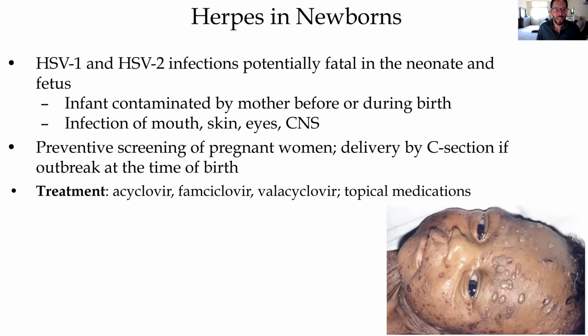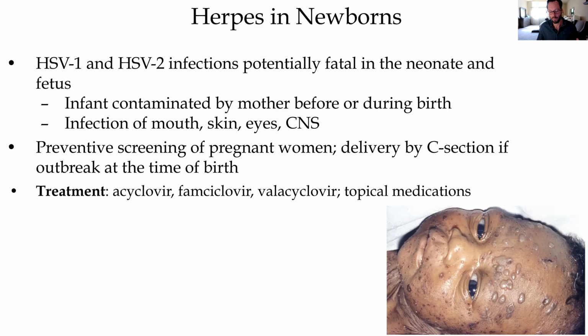Herpes in newborns can be lethal. It's dangerous. And so this can happen during development, or it can happen during the birthing process. And it can infect all over them, in their mouth, their skin, their eyes, their central nervous system. And so there is some screening in pregnant women, but my understanding is it's not a routine screen.